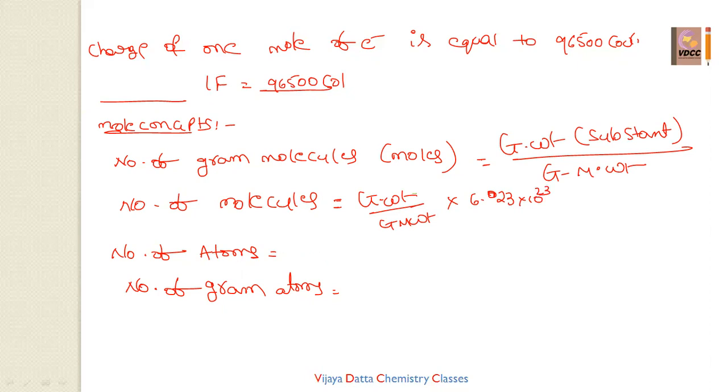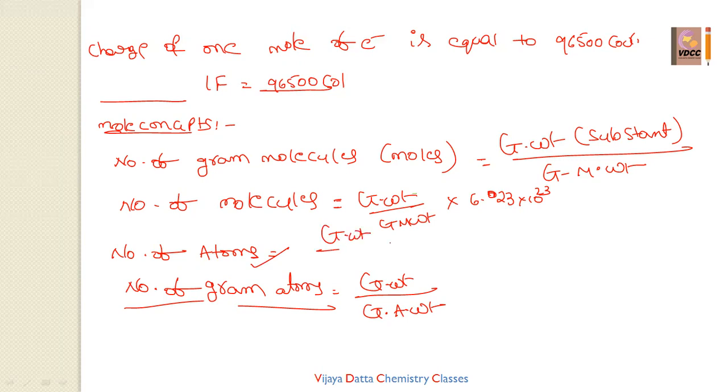The same phenomenon. If number of gram atoms is asked, given weight of the substance by gram atomic weight gives you the number of gram atoms. Number of atoms is given weight by gram atomic weight into Avogadro number of atoms.